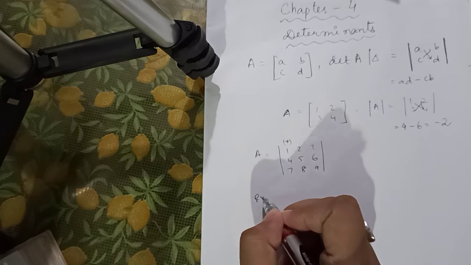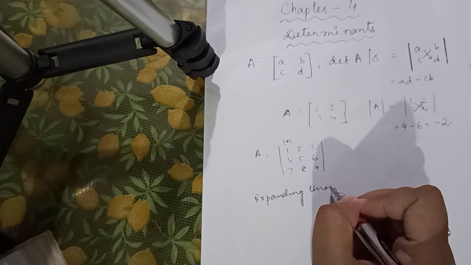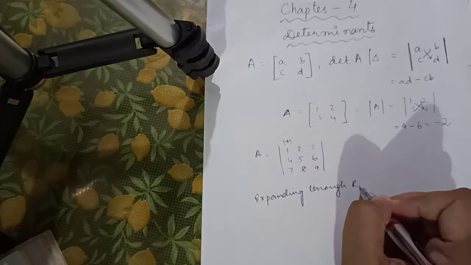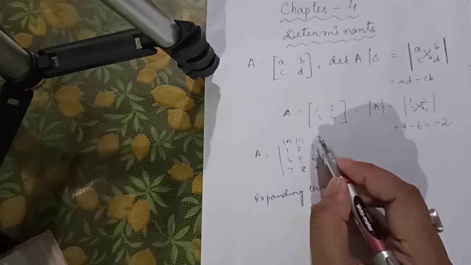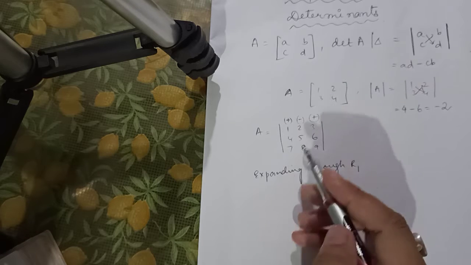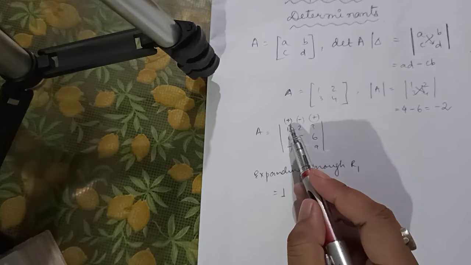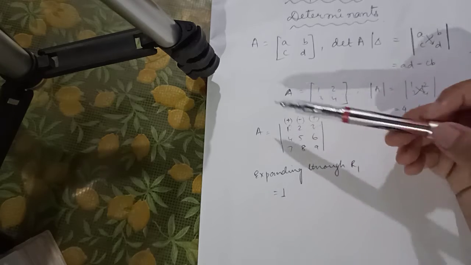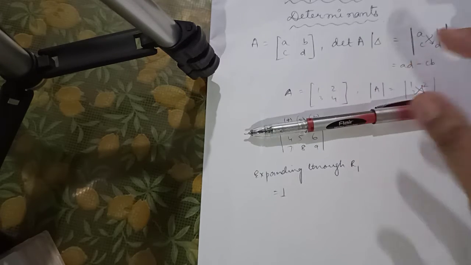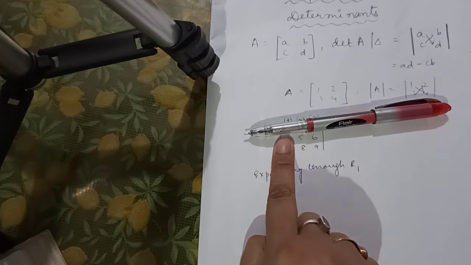When expanding through row 1, I will write plus, this will be minus, this will be plus. When I write 1, it is lying in the first row and first column, so you have to hide the elements of the first row and first column, and write the remaining elements inside this determinant.